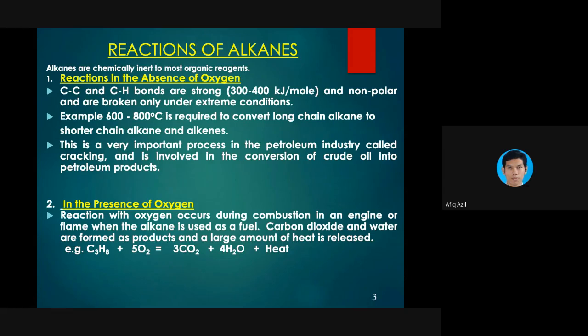This is what we call thermal cracking. In petroleum industries, this is what is done to convert long chain alkene into petroleum products, from crude oil to petroleum products. Just by using heat, these long chain alkene are converted into shorter chains.